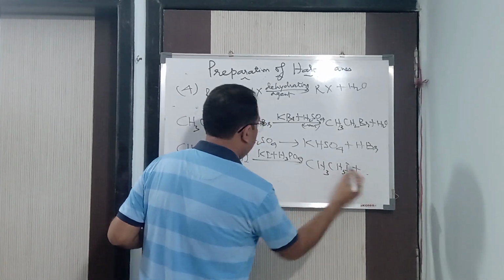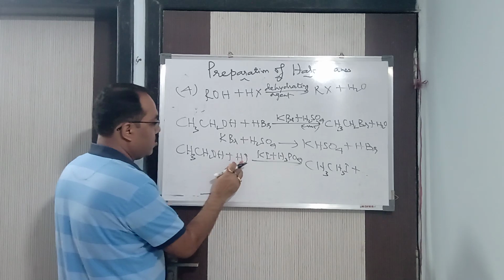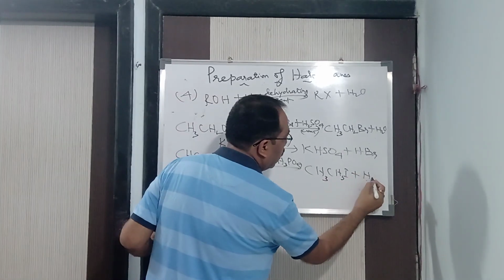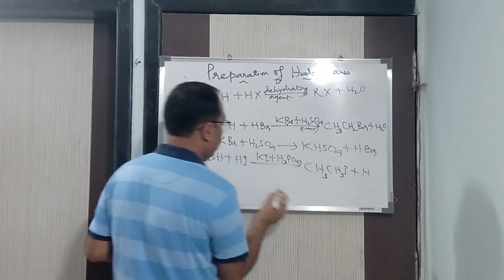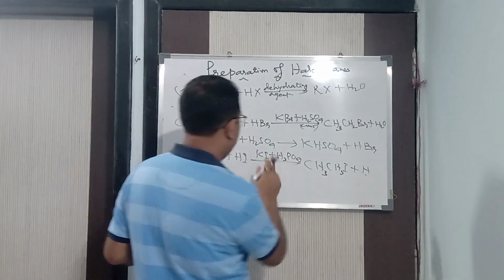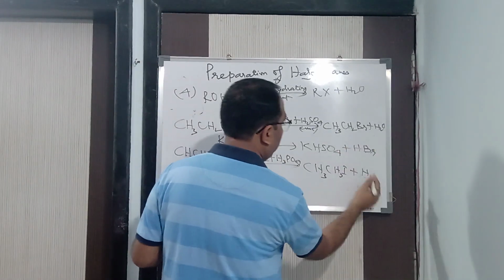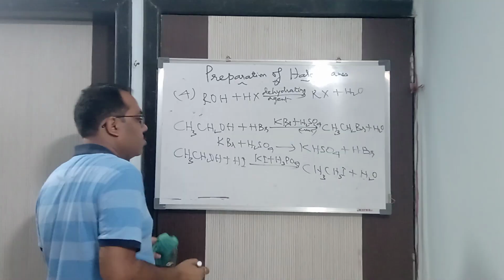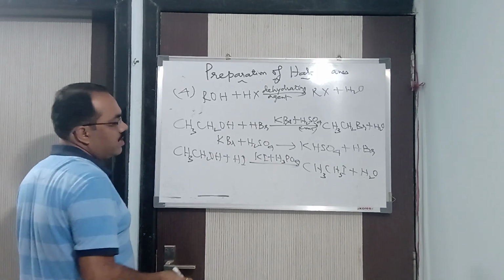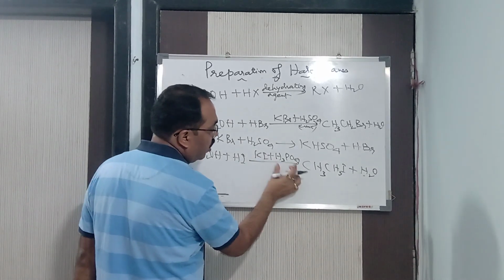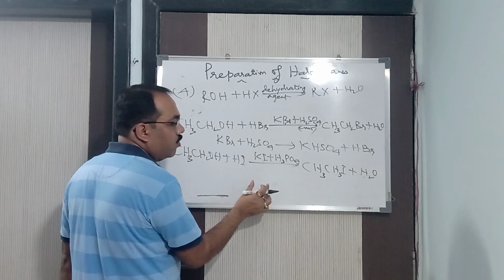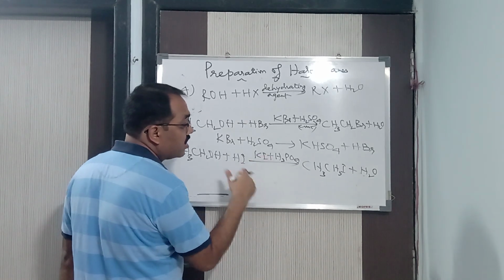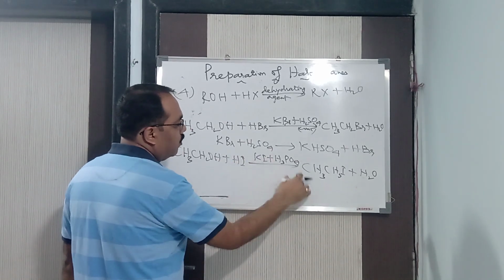CH3CH2I plus water, you will get it here. Yes, CH3CH2I plus water. So what I asked you, why I have taken H3PO4 and not H2SO4, is because H2SO4 also acts as an oxidizing agent, so the HI will be further oxidized.